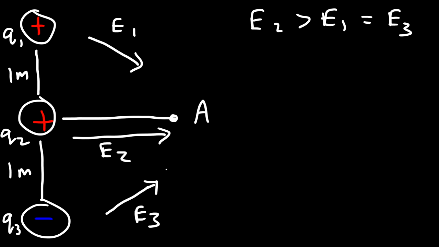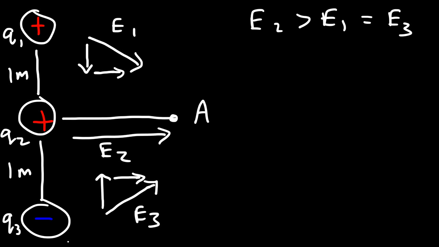Now, what we need to do is break up E1 and E3 into their components. So E1 has a y component going in the negative y direction, and E2 has an x component going in the positive x direction. E3 has a y component going up and an x component going in that direction.